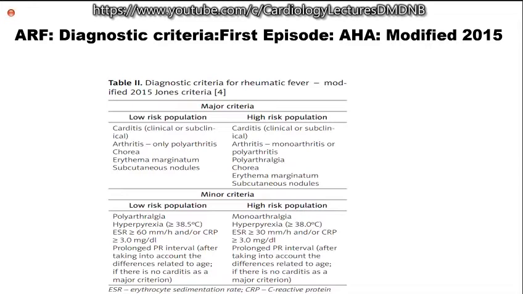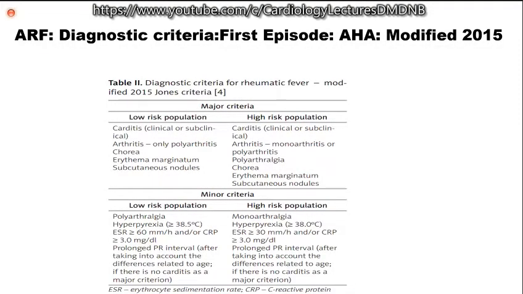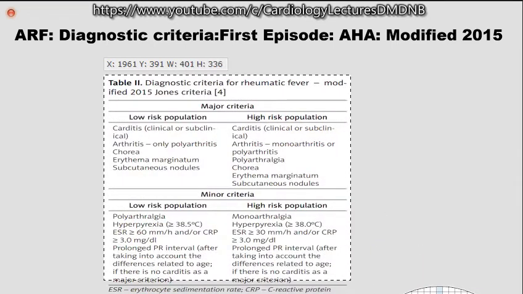In the high risk population, polyarthralgia, especially migratory, goes as a major criteria. But monoarthralgia is a minor criteria. Hyperpyrexia more than 38 degrees centigrade is enough. ESR more than 30 millimeters in the first hour is enough. And CRP the same. Prolonged PR interval also the same.